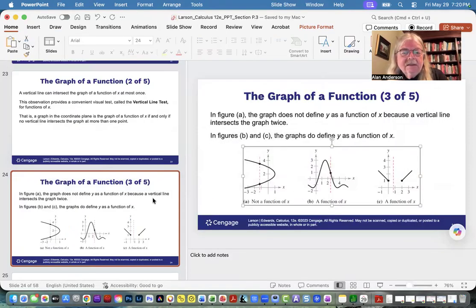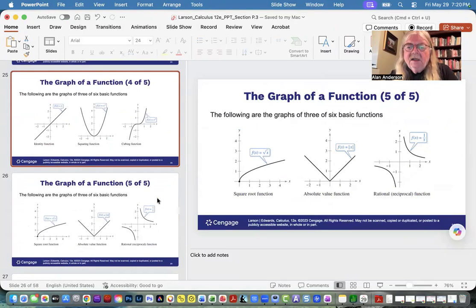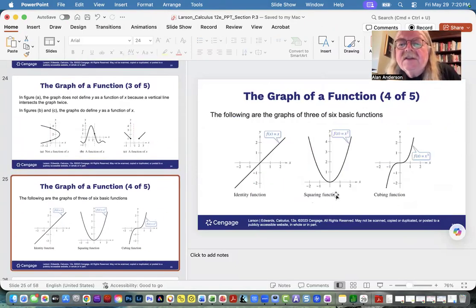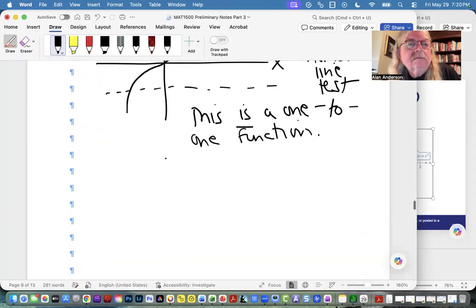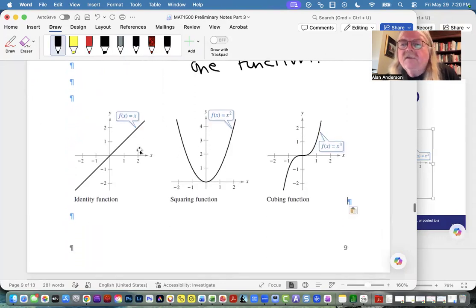So let's see, what else do they want us to do? They would just like us to review a little bit what some of these standard functions look like. The one on the far left is called the identity function because it crosses the origin and has a slope of 1.